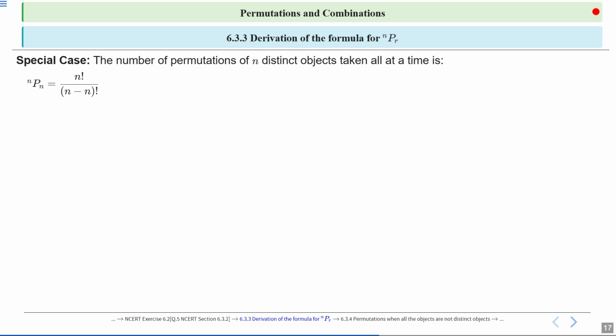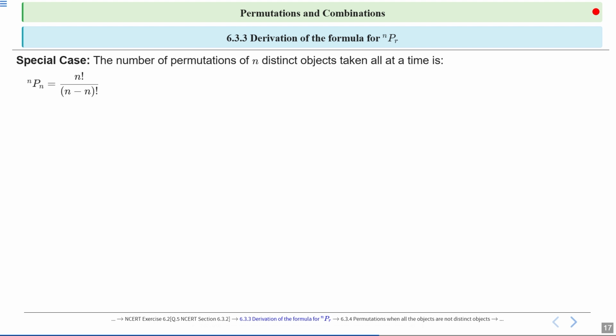Here in this special case, when you find the number of permutations of n objects taken all at a time, we use the formula nPr equal to n factorial upon (n minus r) factorial, and here r is n. And we get n factorial upon (n minus n) factorial.